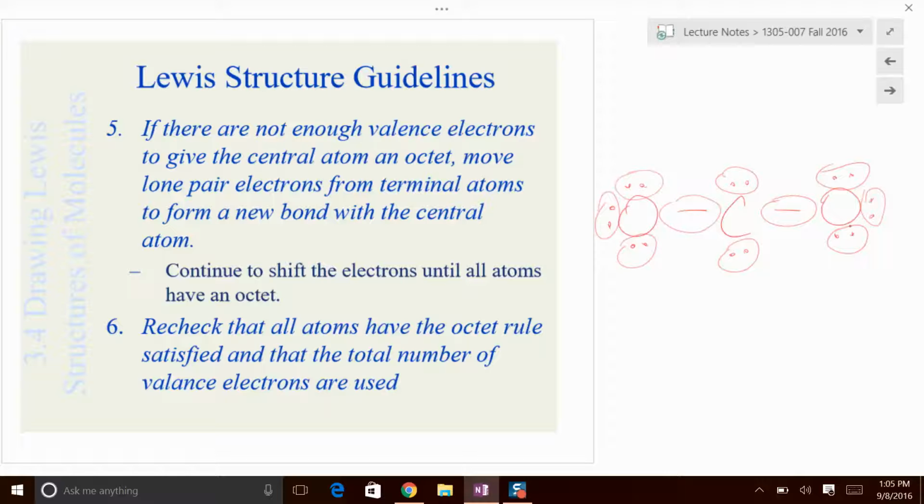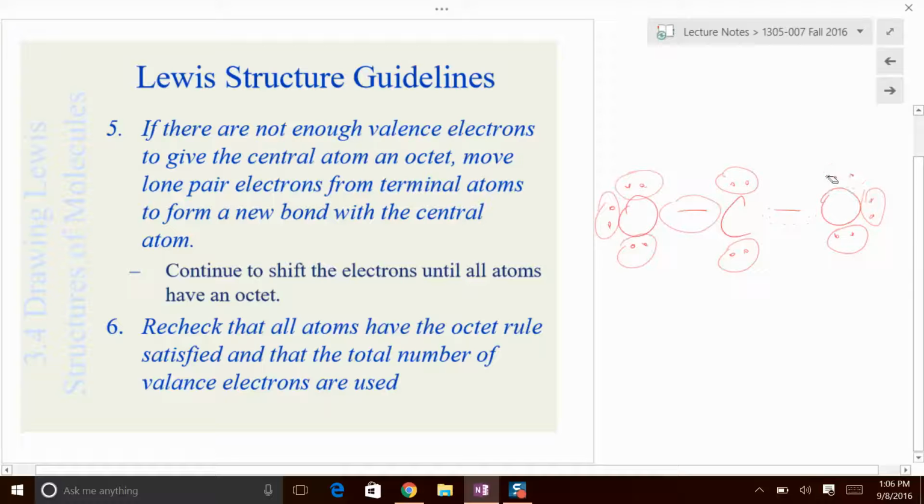That's because this is my starting point. I now have to manipulate it to be the right number of electrons. But I have to start here first. So, what this guideline is saying here is form bonds. If I have too many electrons, what do I do? I form a bond.